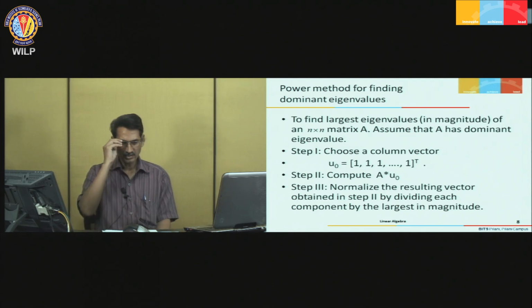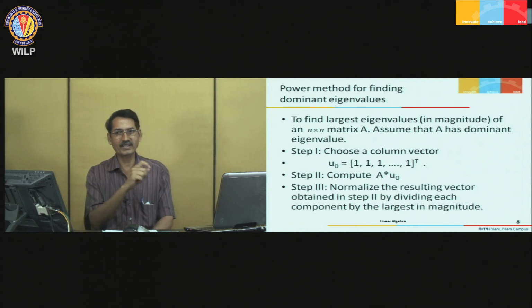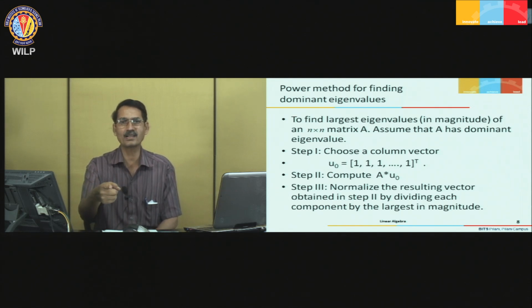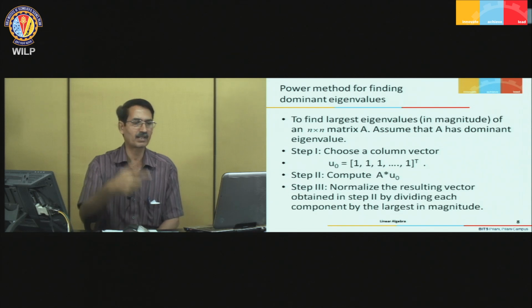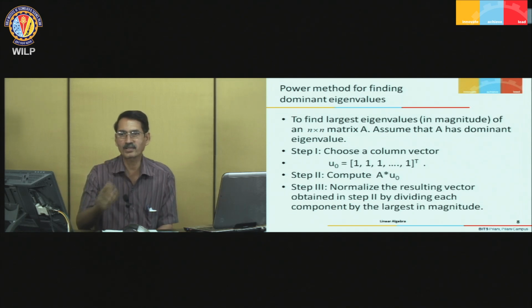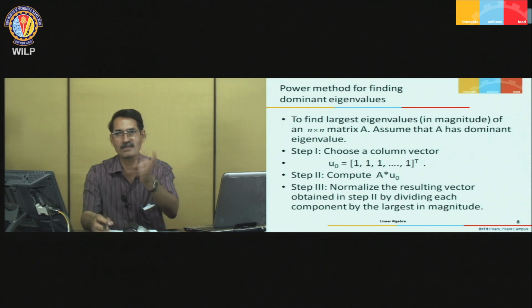So, let us see, if the matrix A has a dominant eigenvalue, then how to calculate the dominant eigenvalue and the corresponding eigenvector, which will be the dominant eigenvector. So, the first step is to choose a column matrix. If A is an n by n matrix, then choose a column vector.